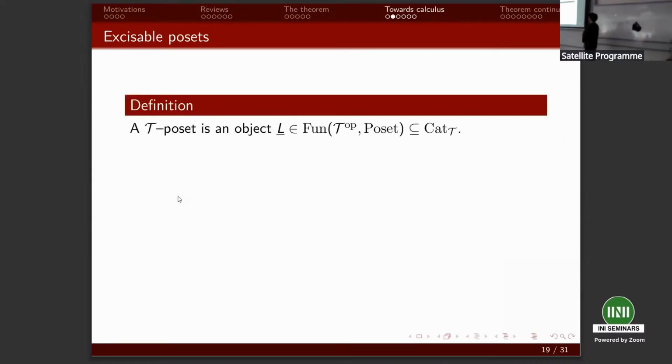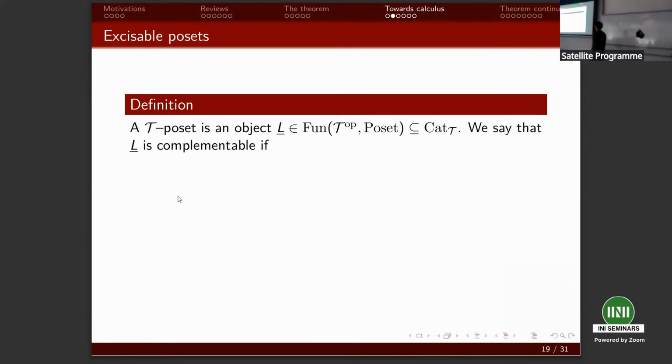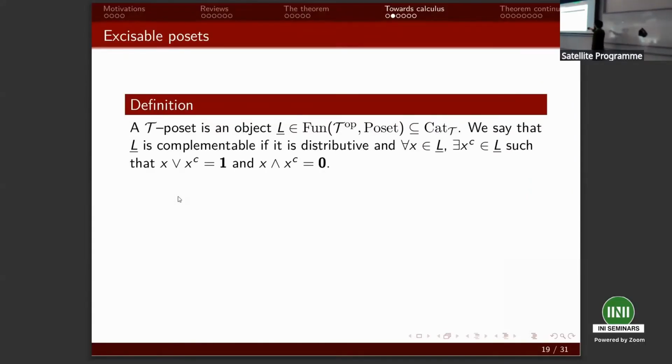Okay, so a T-cube set is nothing but a T-category which is fiber-wise a cube set. Examples of this are these parameterized F-cubes, because I already told you that they're fiber-wise cubes. We say that it's complementable if it is fiber-wise distributive, meaning to say you admit finite co-products and products and these distribute in the way that you expect, and it's complemented in the sense that for every object in L, you can find its complement.